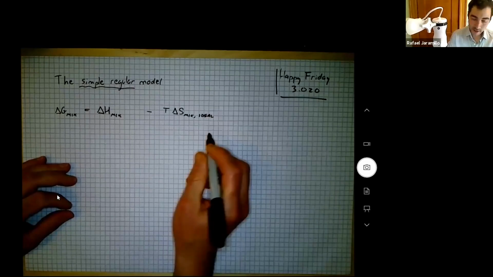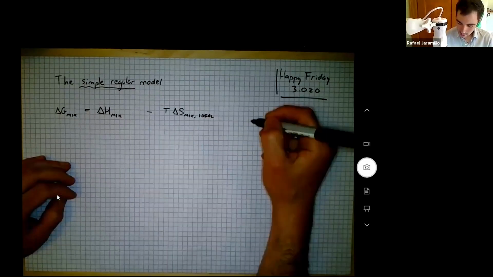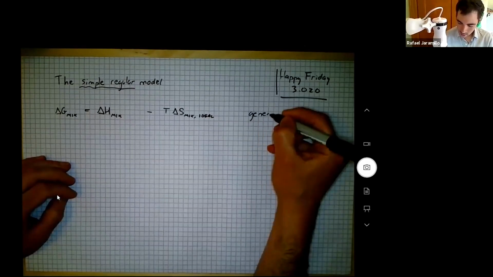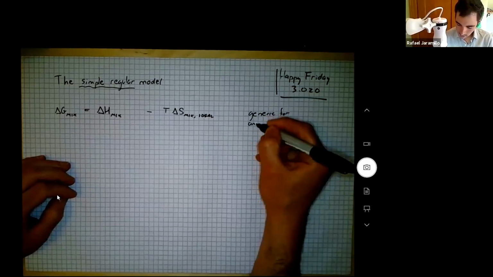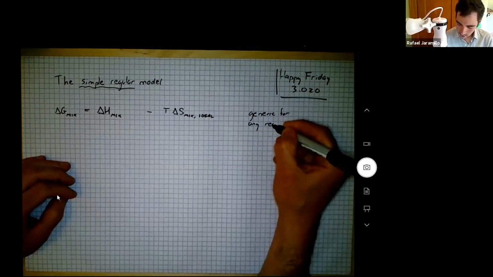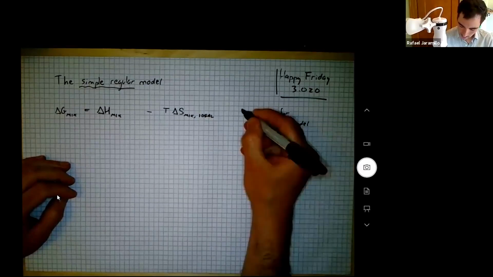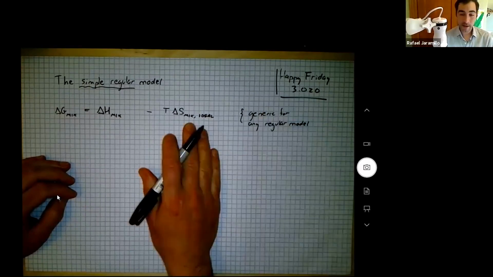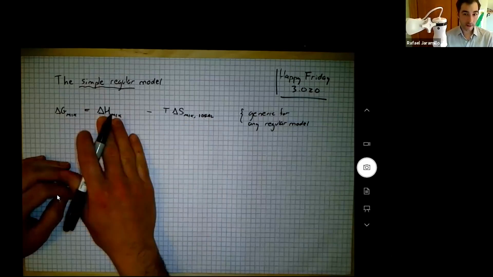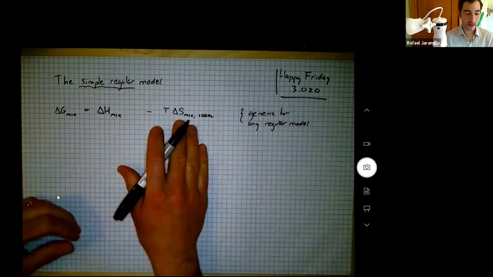This is generic for any regular model. We assume ideal mixing and just some non-zero ideal entropy of mixing and non-zero enthalpy of mixing.